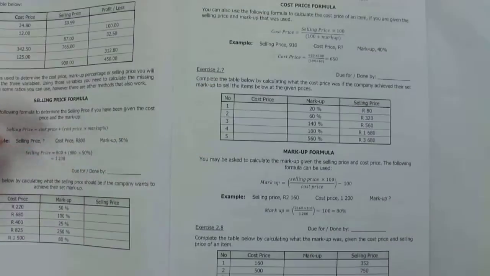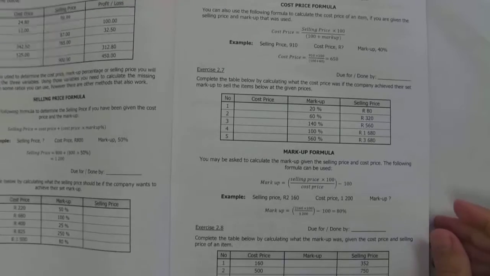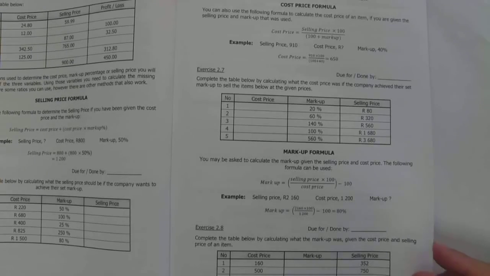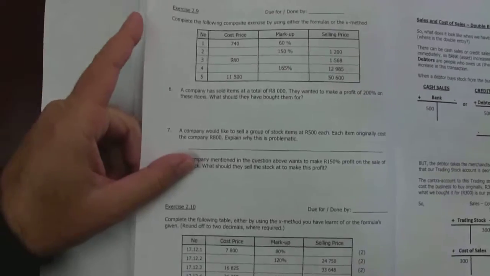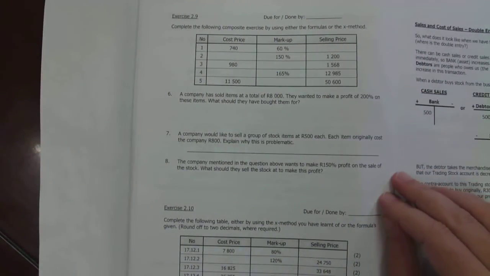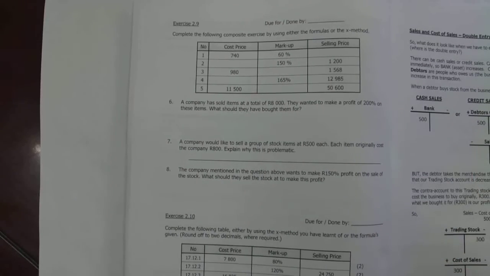You need to work through all of these calculations, and as you go through each set of calculations, you'll see there are a series of exercises for you to do. There is going to be another video lesson shortly posted by Ms. Hoffman regarding the entry of these transactions into journals and ledgers.